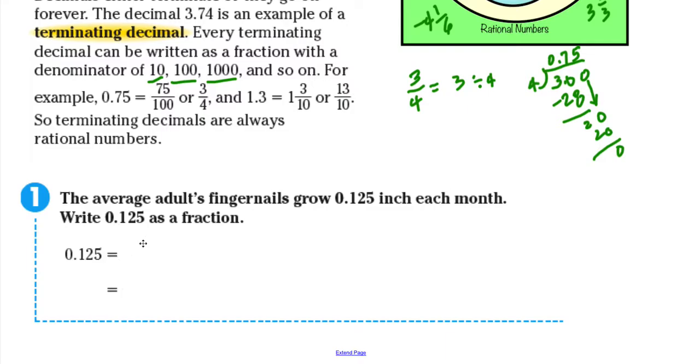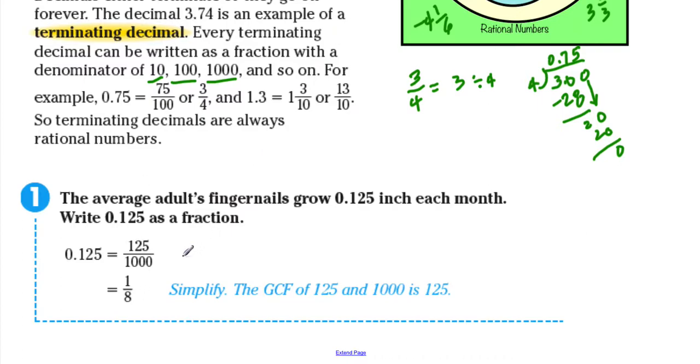So 0.125 is basically 125 over 1,000. 125 over 1,000 can be simplified to become 1 over 8. So the fraction form of 0.125 is 1/8.